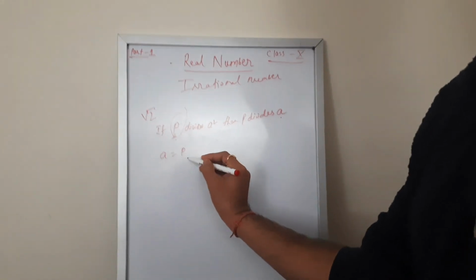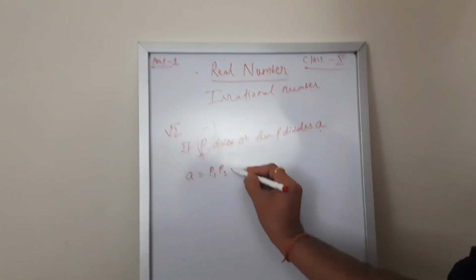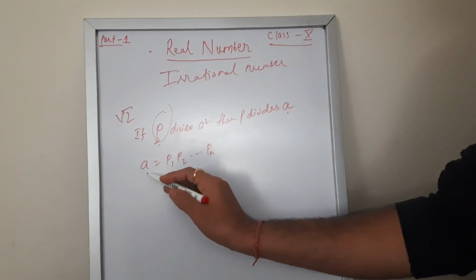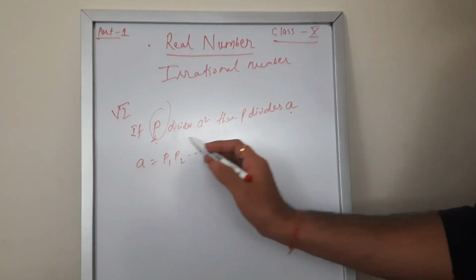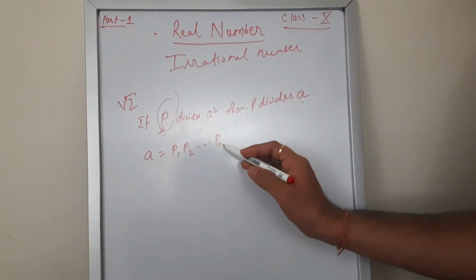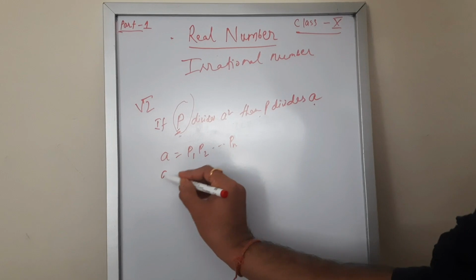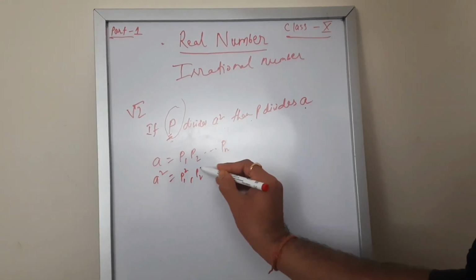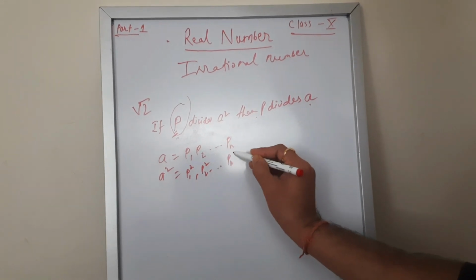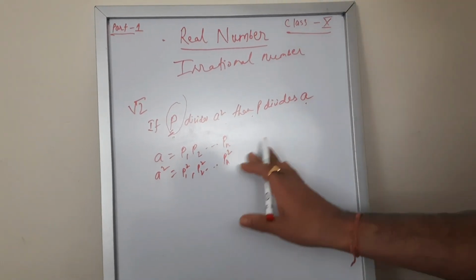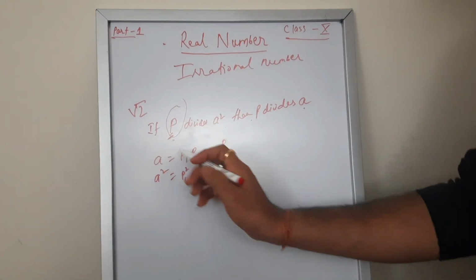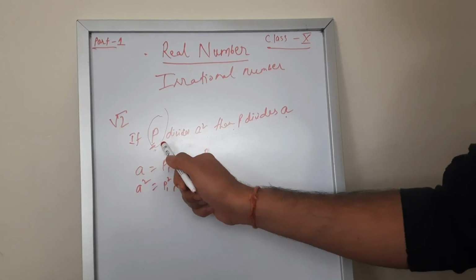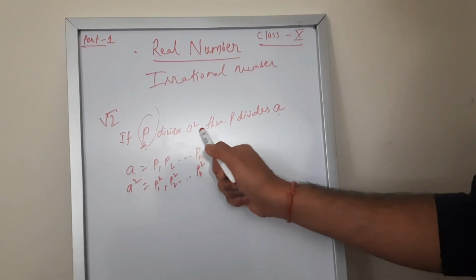Let's see, a is equal to p1, p2 up to pn. Let's assume a is any number which is a product of these prime numbers. Then a square can be written as p1 square, p2 square up to pn square. Up to here clear? Now it says in the theorem that p divides a square.